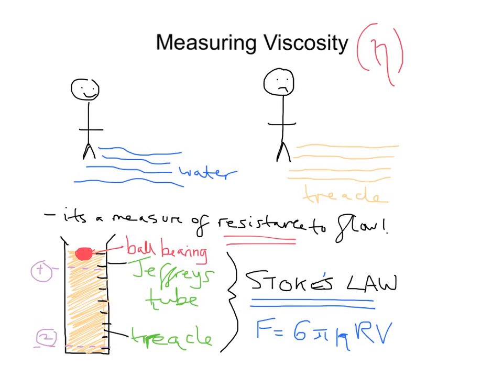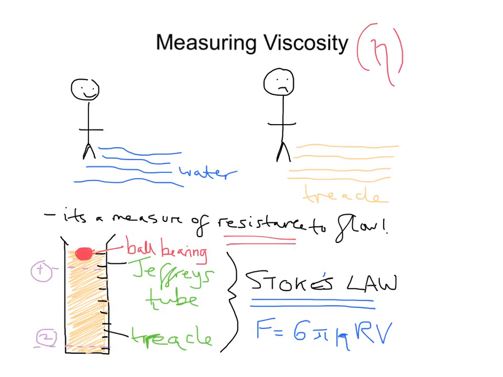Now, when the ball bearing is moving at a constant speed, the upward force due to the viscous drag of the liquid will equal the downward force due to gravity. So we can say that the force due to gravity is equal to the mass of the ball bearing times g. So if we take the value for g for gravity as 9.81 meters per second squared and times that by the mass, that will give us our value for F, our force. In another video I've talked about how you can calculate force from mass times gravity. So you can actually rearrange Stoke's law.